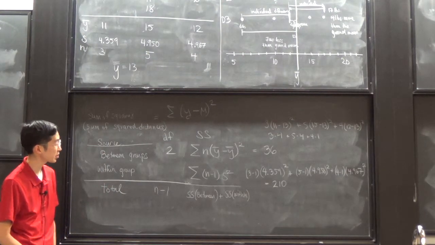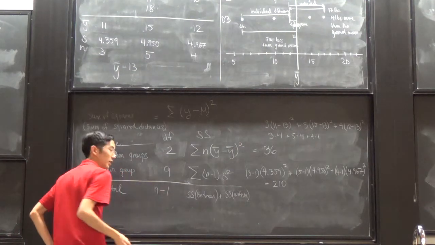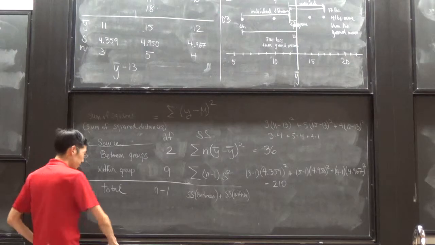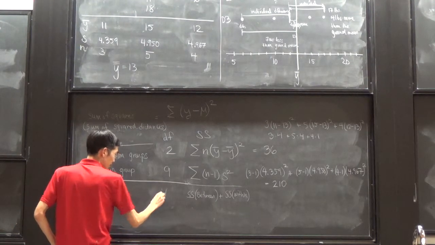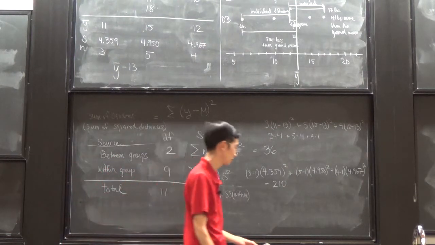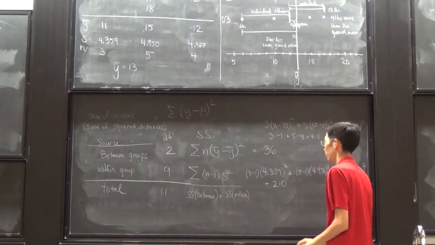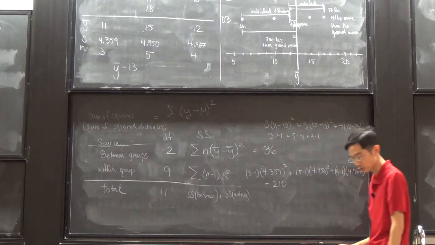I have 12 points total, minus 3 groups, 9 degrees of freedom. And the total degrees of freedom would be 12 points minus 1, 11. If we wanted to find total sum of squares, we would just do 210 plus 36, 246.